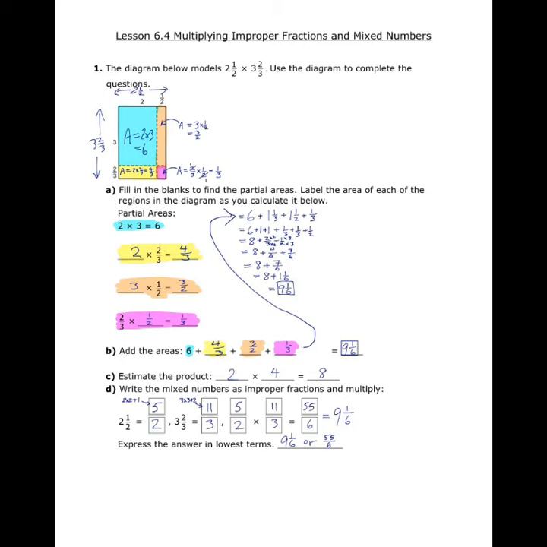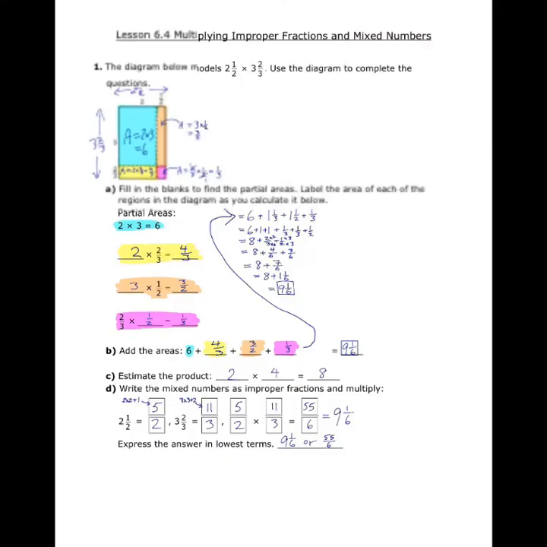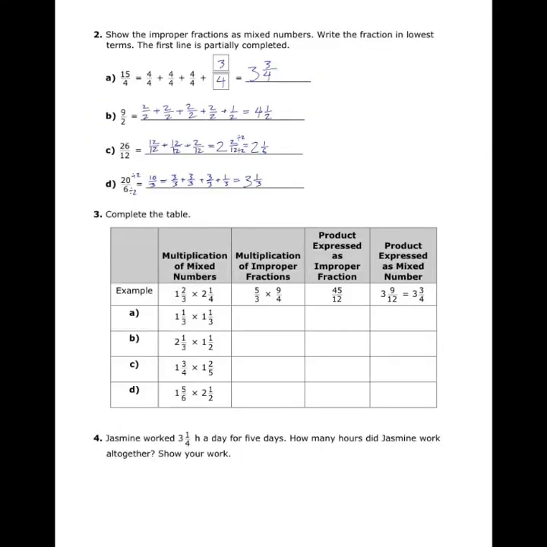It would be much more convenient if we could do what we did here at the bottom, which is we take those mixed numbers, we change them into improper fractions, we multiply the top times the top and the bottom times the bottom, and this gives us a product as an improper fraction. Then we can change it back into a mixed fraction, which is basically what we were practicing on the next page here.